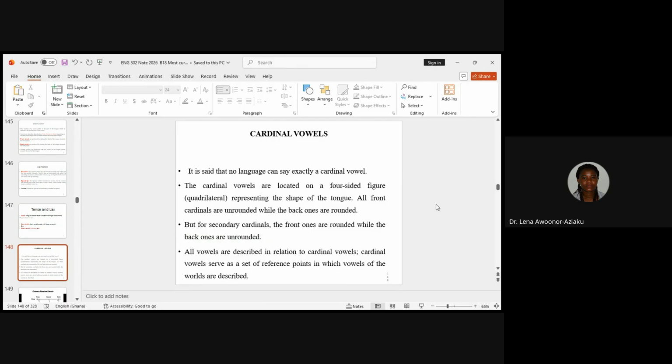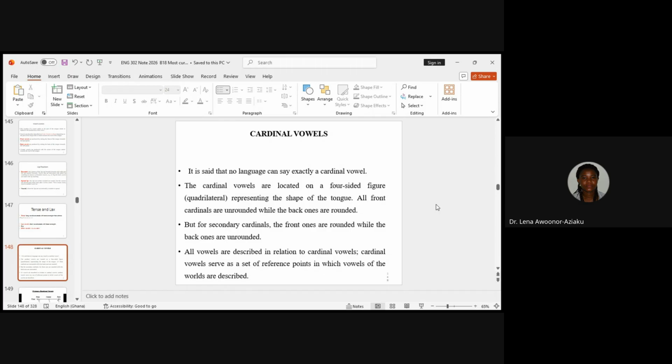Then we have cardinal vowels. We can't talk about vowels without talking about cardinal vowels. You see, when I was talking about the vowels, I never mentioned English vowels or Japanese vowels. I'm just telling you how vowels in general can be produced, can be described. And so when you are describing them, you use the height, you use the position of the tongue.